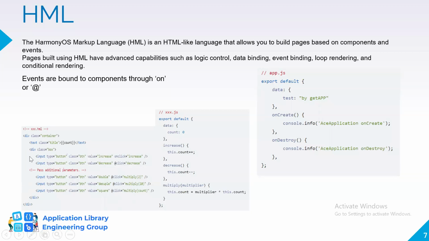If you see this particular example, this is one HTML file which defines the UI, and which uses components to describe your UI, and which can have some events also on which the user can have some interactions, like on click.